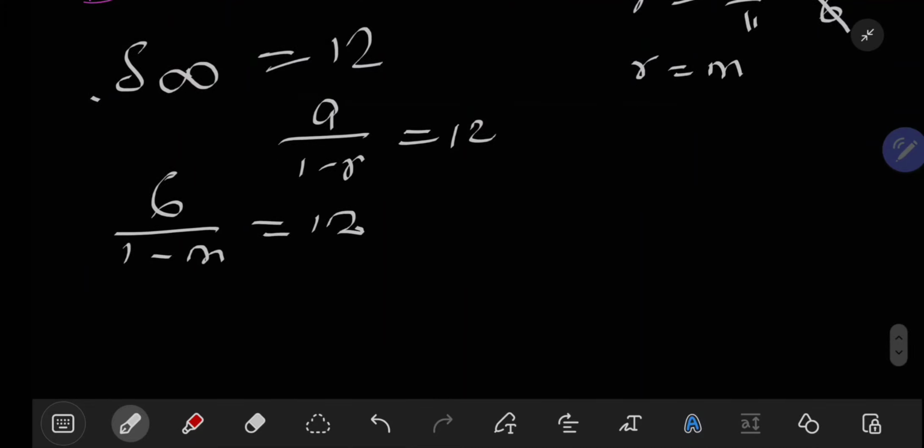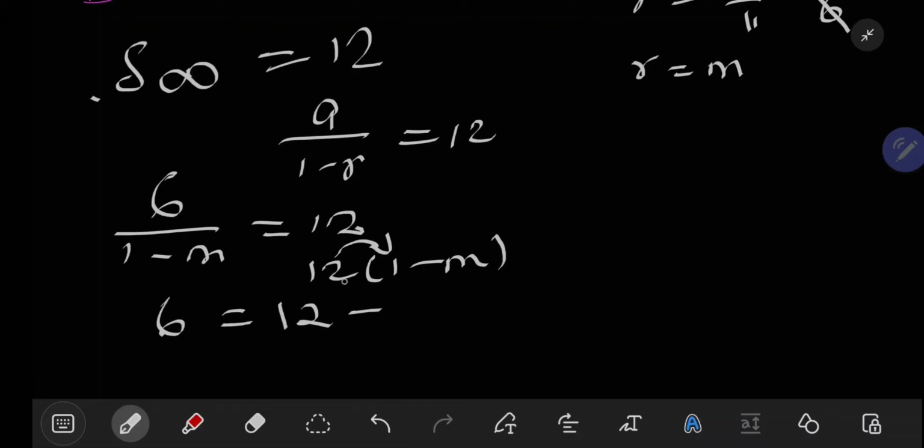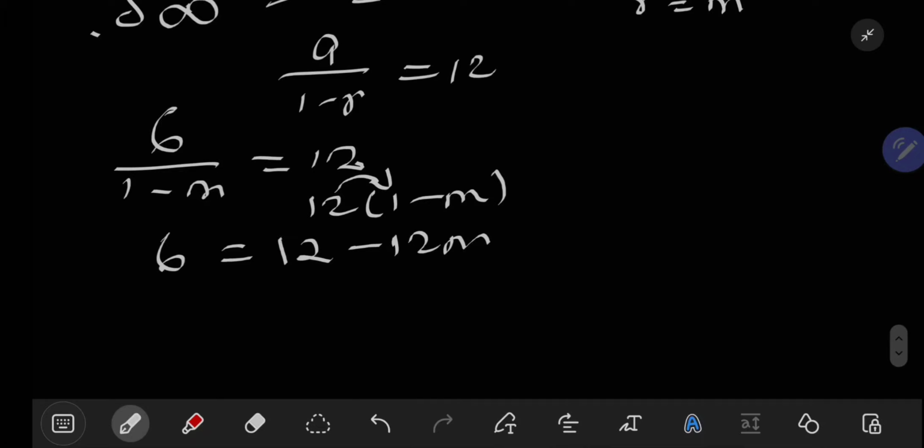Here we just have to do algebra, so we multiply both sides by 1 minus m. Here we're going to remain with 6 is equals to 12 into 1 minus m. This multiplied by this gives you 12 minus 12m. I can take this 12 to the other side, then I'm going to remain with negative 6, which is equals to negative 12m.